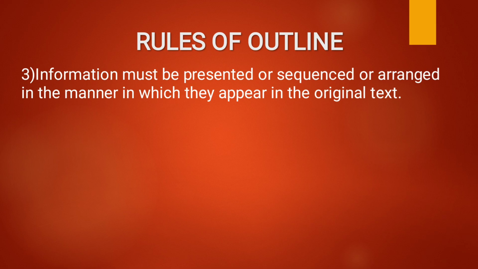The governmental system, which was last but one, can never come first. No. We are saying that the outline must reflect the sequence at which the points are being treated in the passage. So the passage first started with the history and the overview of Ghana, the continent Africa, where Ghana is located.